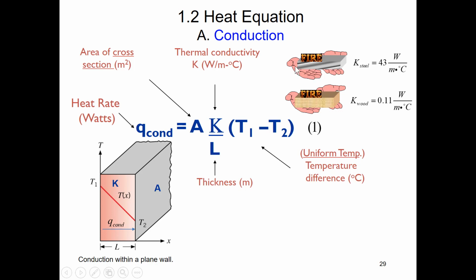This kind of ability is measured and represented by the thermal conductivity K. As a result, steel is a good heat conductor, and it has a larger thermal conductivity value.